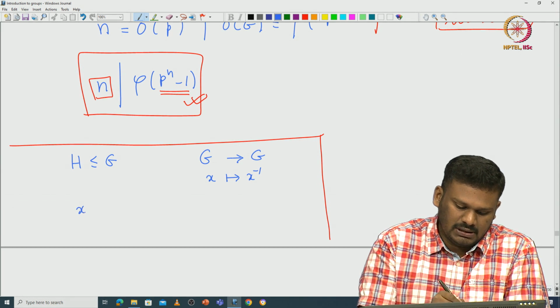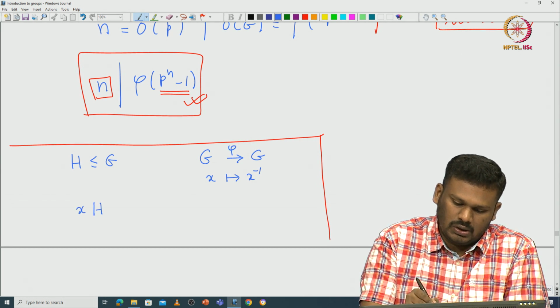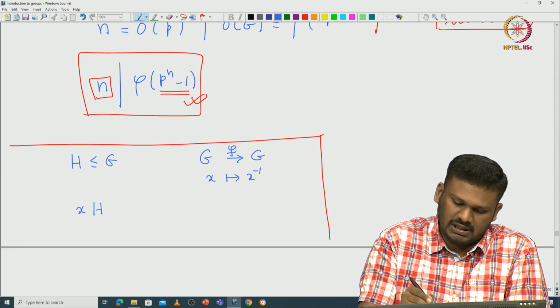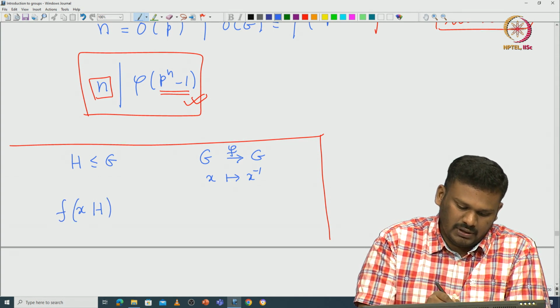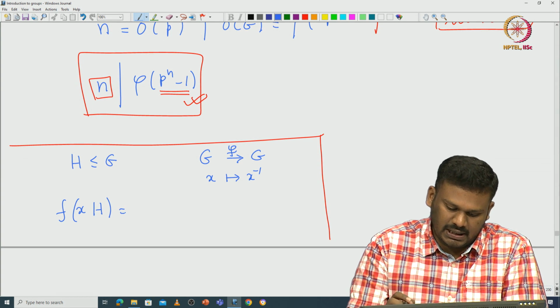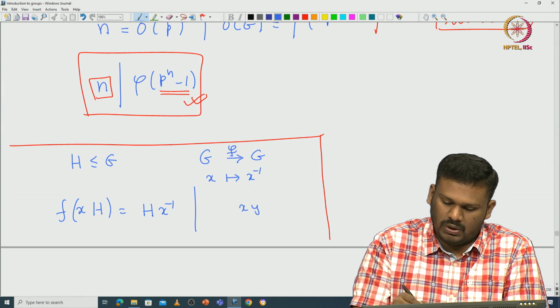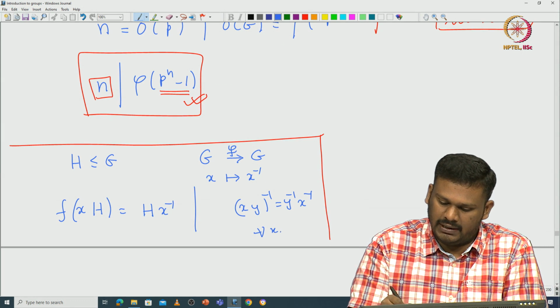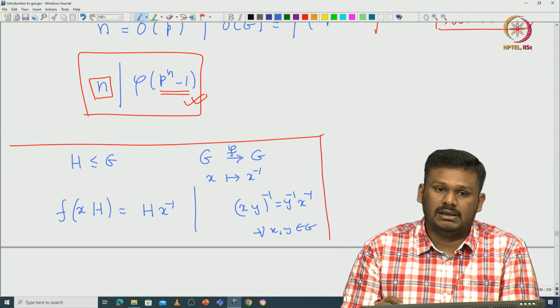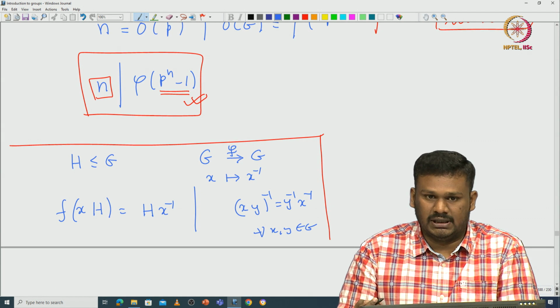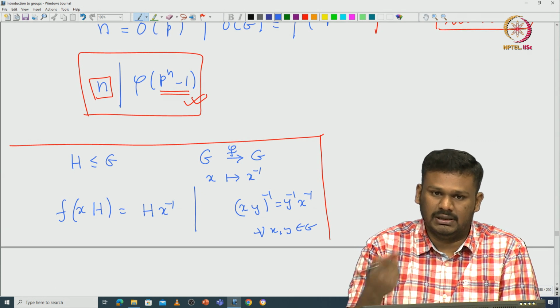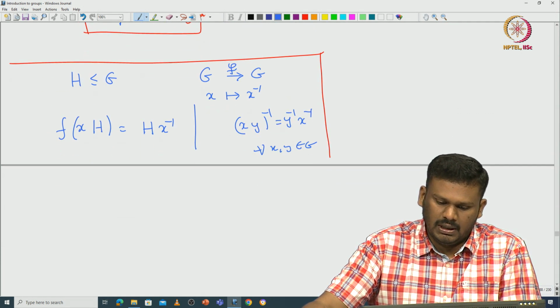Let us call this map f. Then if I take a left coset xH and apply f, if you do the computation, you can easily see that this is going to be H x inverse, because (xy) inverse is nothing but y inverse x inverse for all x, y in G. That immediately tells us that this left coset is mapped to a right coset by the inverse map x goes to x inverse.